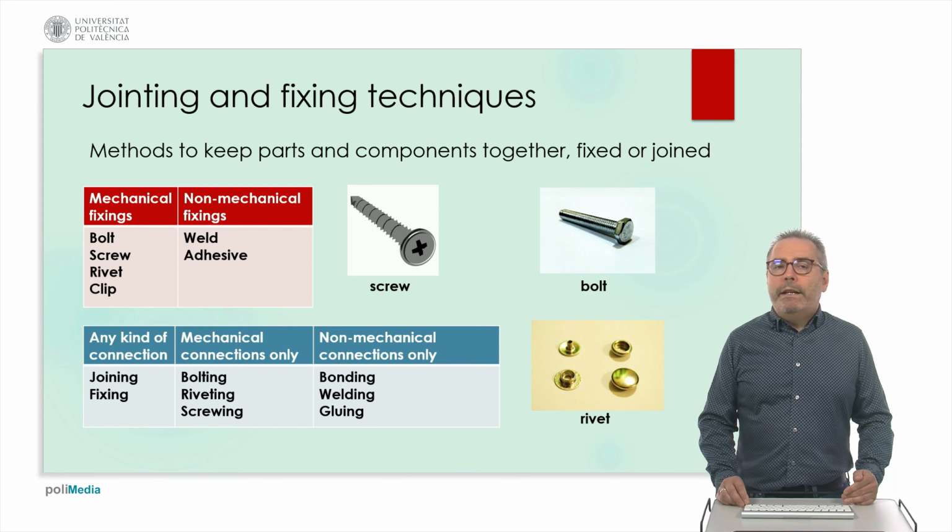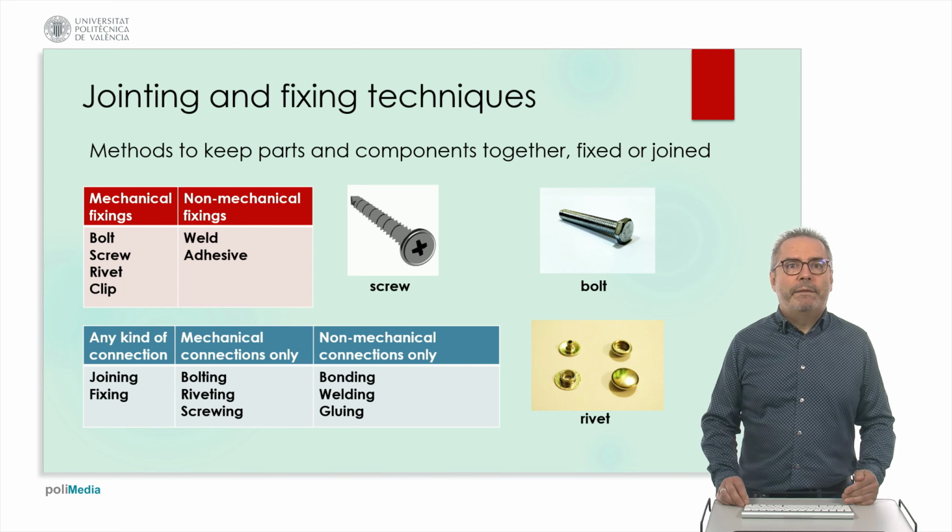So, if we talk about the processes themselves, we have three categories. Verbs describing any kind of connection, we would have joining and fixing. Describing mechanical connections only, we have bolting, riveting, screwing. And describing non-mechanical connections only, we have bonding, welding, or gluing.